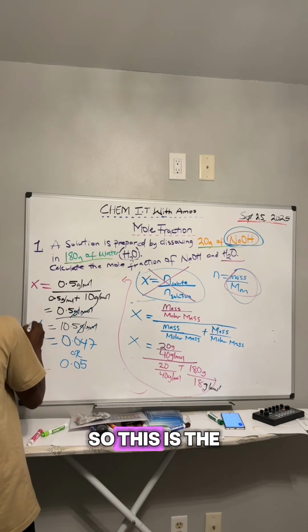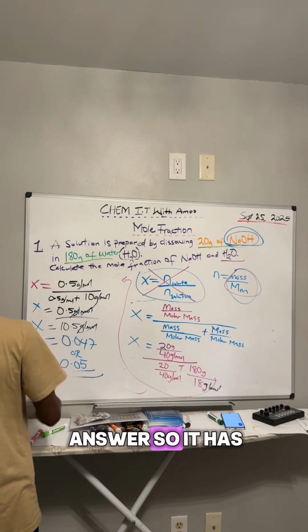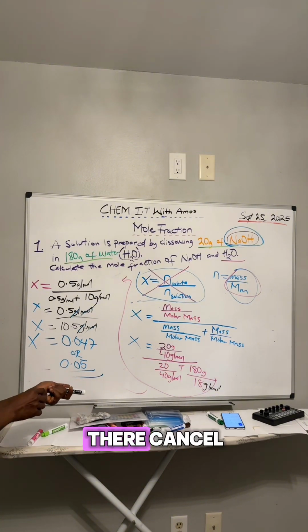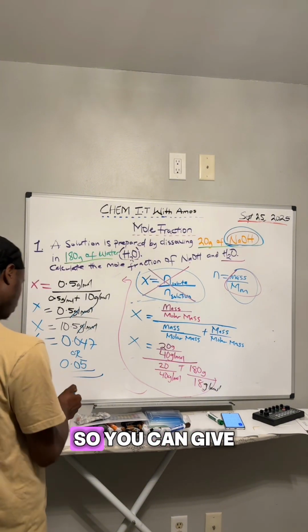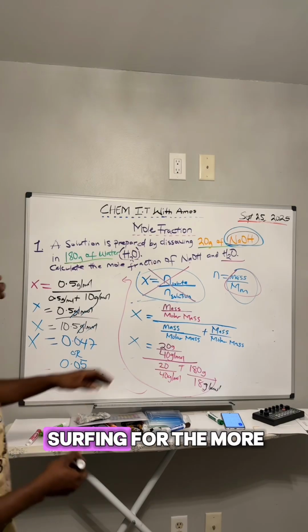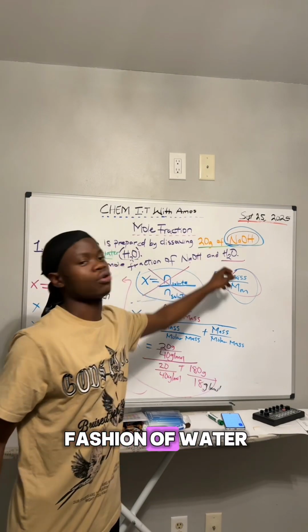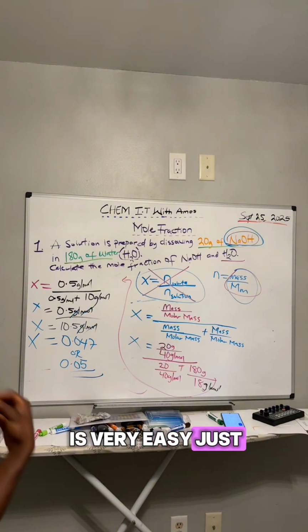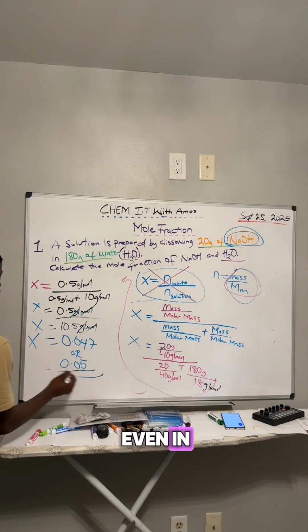So this is the answer. It has no unit because it's dimensionless. All those units in there cancel. So you can give this a try by solving for the mole fraction of water using the same steps. It's very easy, just follow the steps and you're gonna learn. So thank you.